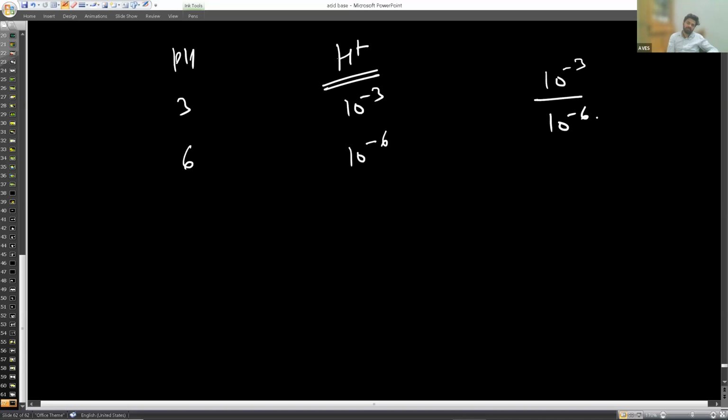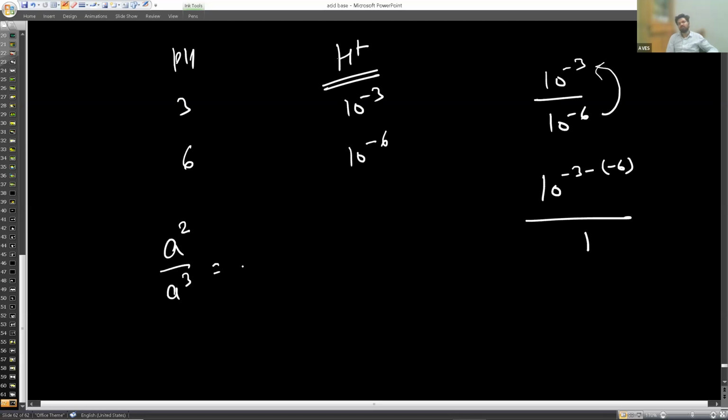Now the bigger value, a greater negative number, goes upside, so its power becomes positive. In the same base, for example, a raised to the power 2 upon a raised to the power 3 becomes a raised to the power 2 minus 3.